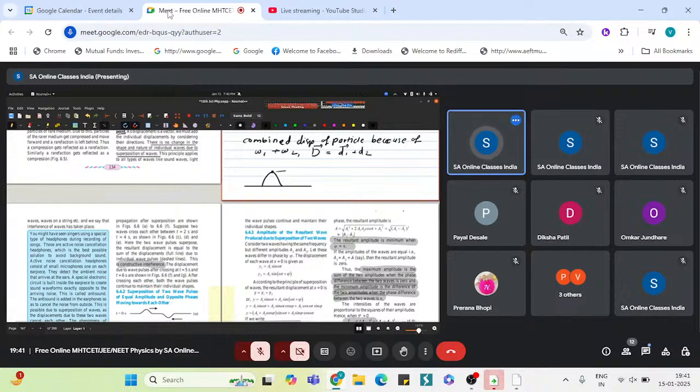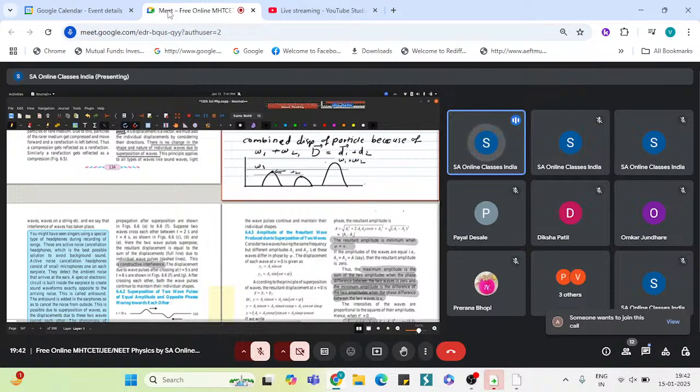So this is our particle and this is the effect of wave 1. This is the axis, and then the same particle would have been displaced by this small amount by wave 2. So this is wave 2. So when waves 1 and 2 both hit the particle simultaneously, it will just be the sum of these two displacements, and let's say this is here and then maybe till here. So the combined displacement will be maybe something like this. So this is the wave 1 plus wave 2 effect.